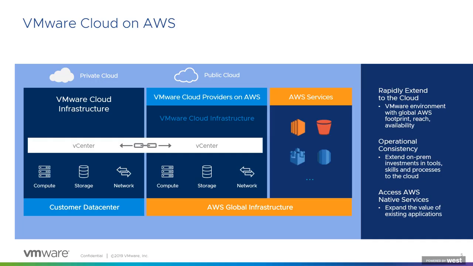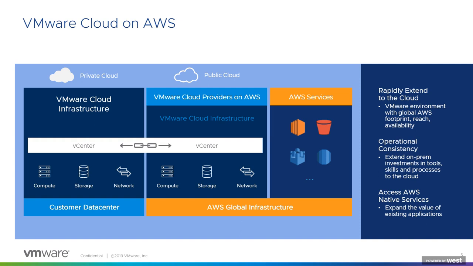Let's jump in and look at what VMware Cloud on AWS is. This is really the marriage of the #1 private software-defined data center provider with the #1 public cloud provider of global infrastructure between VMware and AWS. And VMware Cloud on AWS allows you to rapidly extend to the cloud anywhere in the world.